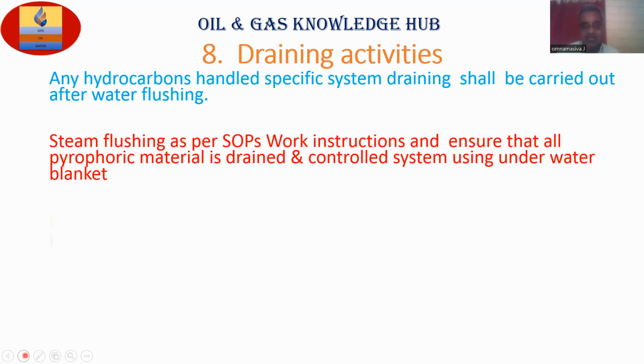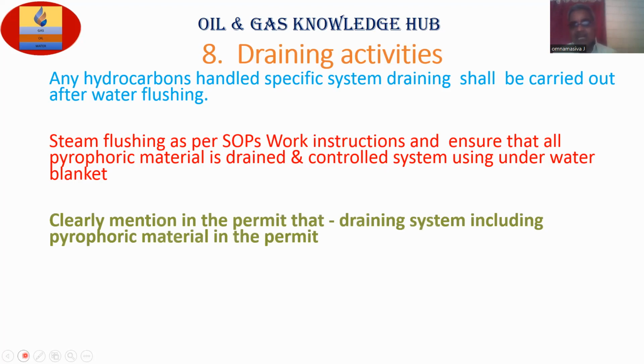Now, clearly mention in the permit that the draining system includes pyrophoric material. As we discussed in the PTW system, whatever activities you are going to do should be mentioned in the permit very clearly, stage-wise.